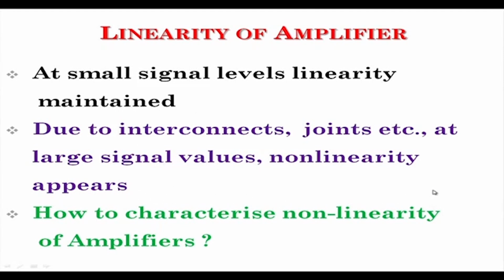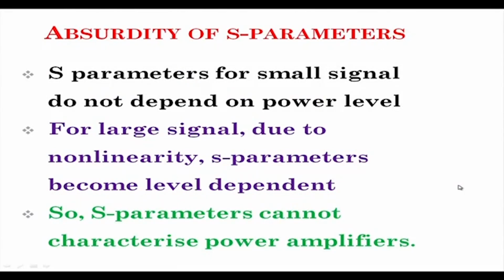How to characterize nonlinearity of any amplifier? Now, you see that S parameter characterization for large signal is an absurdity. Why? Because S parameters for small signal do not depend on power level.